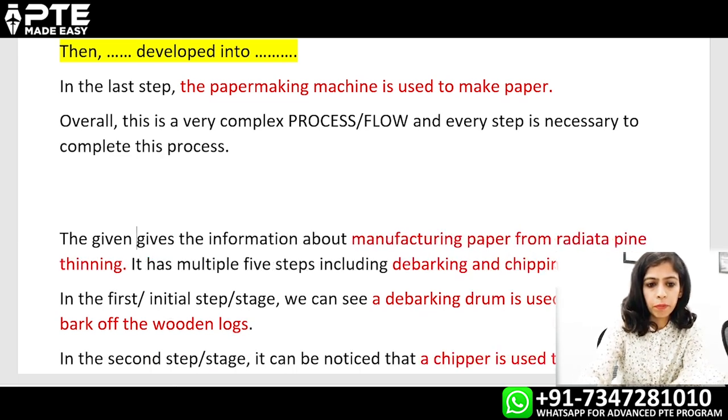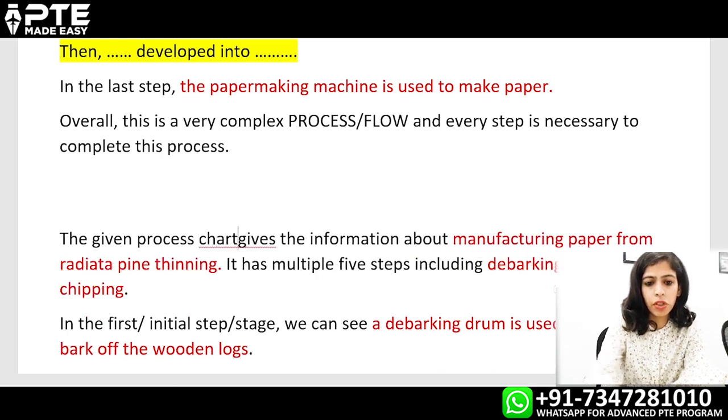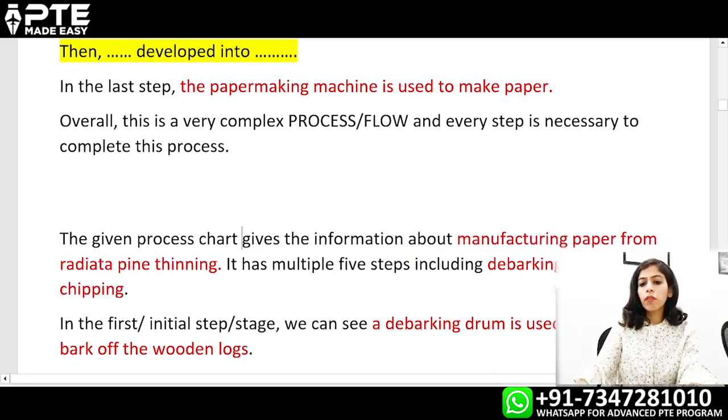Here we are going to write the given process chart gives the information about manufacturing paper from radiata pine thinning. This is what we read there.